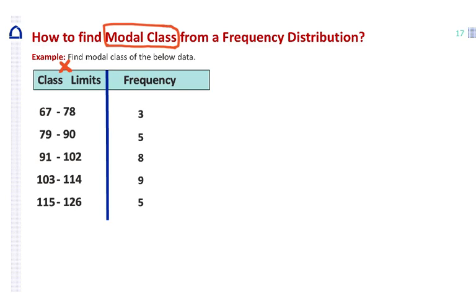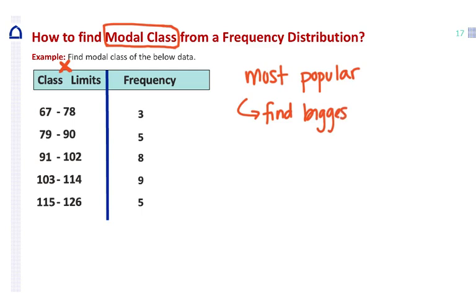So when we're talking about the modal class, we're talking about the most popular or the most common or the most repeated. So what you want to do is find the biggest frequency. The biggest frequency is the row which had the most answers or the most people answering in that category. So we will look here. That's the biggest frequency.